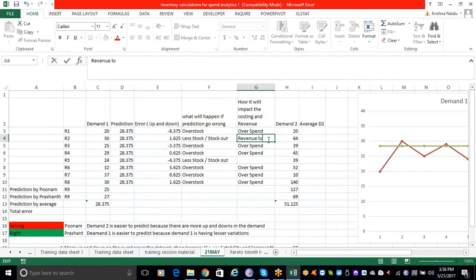I will not say R4 means less stock, right? R4 is overstock, right? Because our prediction is 28.375 and our demand was 29. So this is less stock. Yes, sorry, sorry.